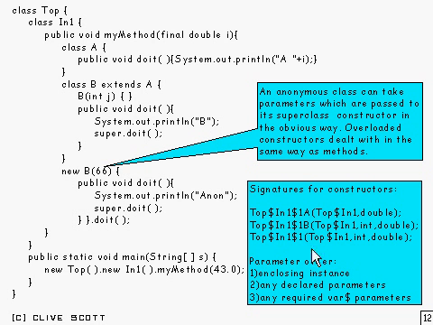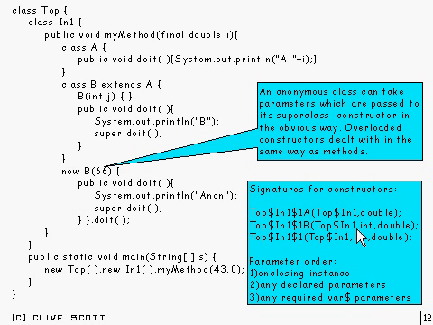Okay, so just to make it clear, these are the signatures for the various constructors. We've got this constructor A, the first A we've got there. The constructor is going to have to include a reference to the enclosing instance, obviously, which will be a reference to Top$In1, and it's going to need a double as well, so it can store it there.